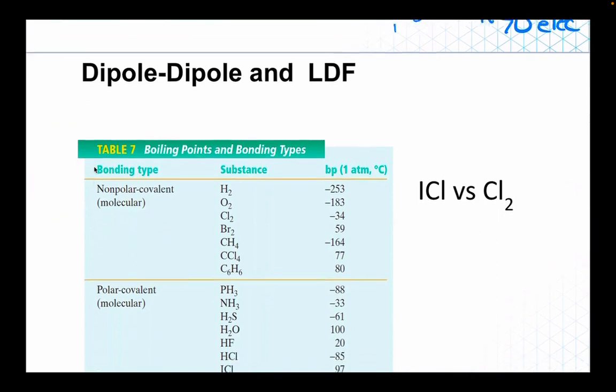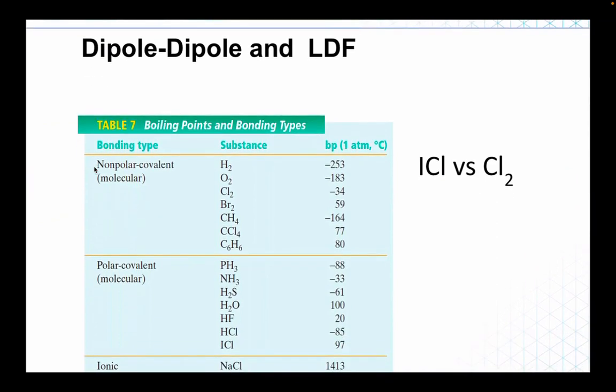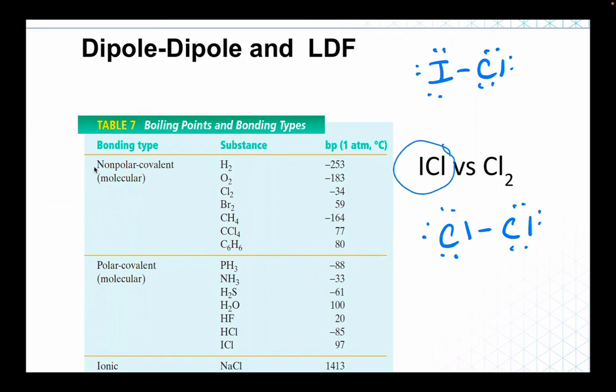Next, we're going to look at two similar compounds again. So if I have iodine directly bonded to chlorine, you can tell that's going to be a polar molecule, and it's going to have dipole-dipole. This one is nonpolar, it's going to have LDF. So this one should have a higher boiling point.